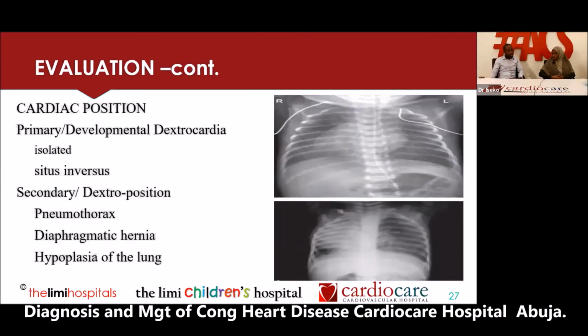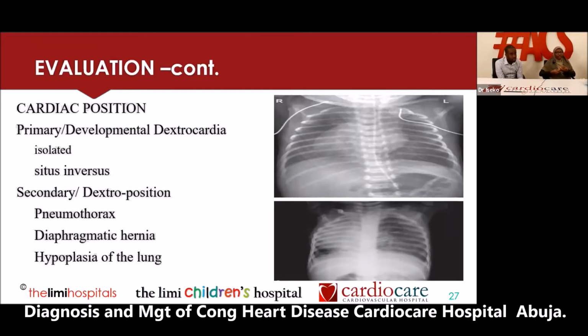The position of the heart. Typically the heart is more to the left, but when you are seeing the heart more to the right, you want to ask questions. The first thing to ask is where the apex is pointing. If the apex is pointing to the right, this is a dextrocardia.